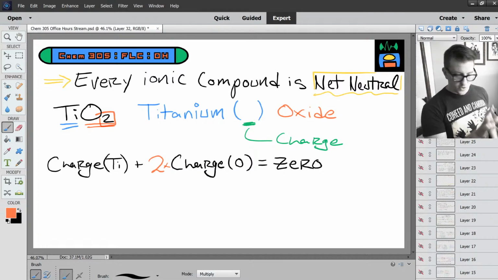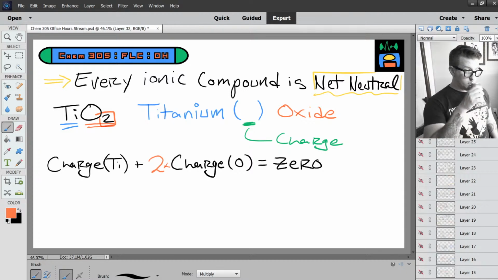Are you with me so far? This is what it means to be net neutral, that the charge on titanium plus the charge of both oxygens must add to 0. If not, it's totally fine. I'm just trying to find where it goes off the rails for you. Okay, we're good so far.